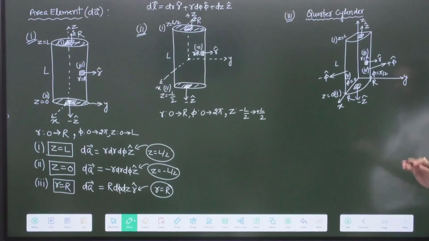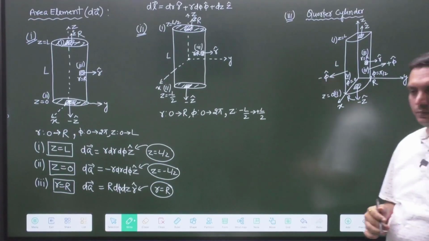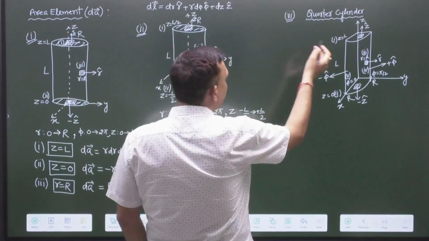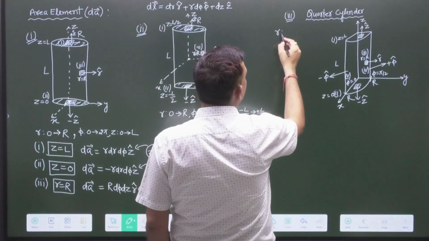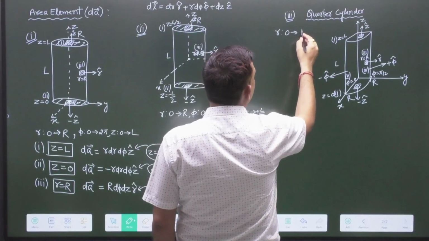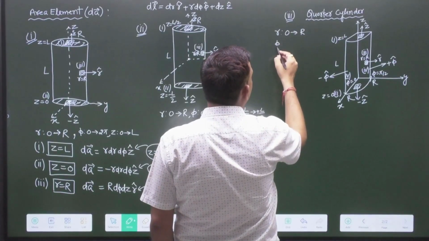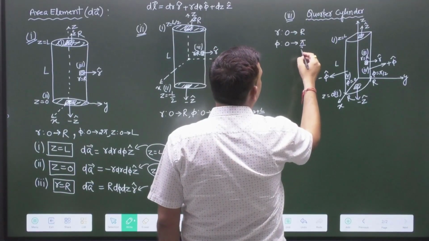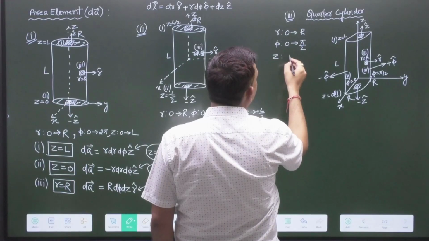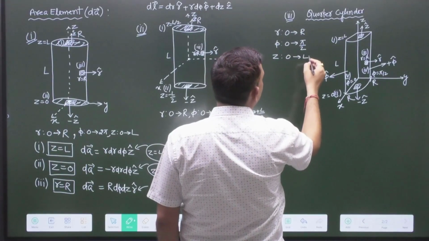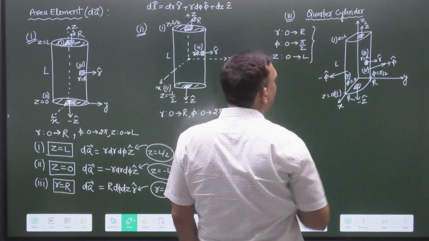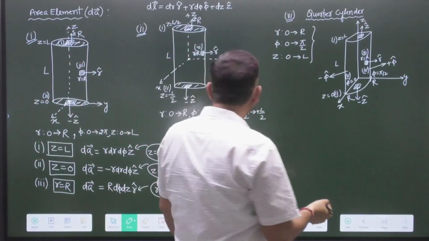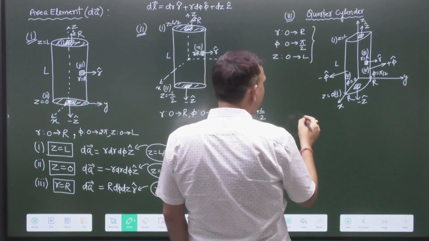So this volume is surrounded by 5 surfaces. It's a part of a cylinder. So if you specify R, phi, Z, phi will be 0 to pi by 2 and Z will be 0 to L. And dA again you can write on these 3 surfaces, this will be the same.